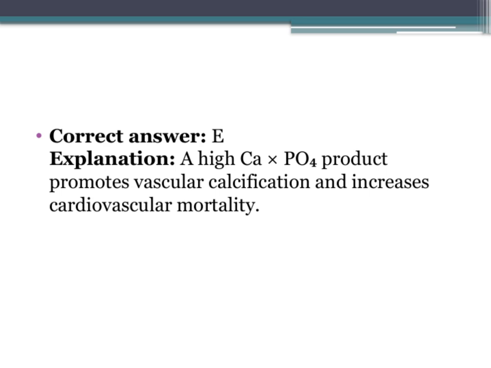This point ties into the overall theme of our presentation, which emphasizes the importance of managing mineral levels carefully in patients with chronic kidney issues. By understanding how calcium and phosphate interact, we can better prevent complications like vascular calcification, ultimately improving patient outcomes.